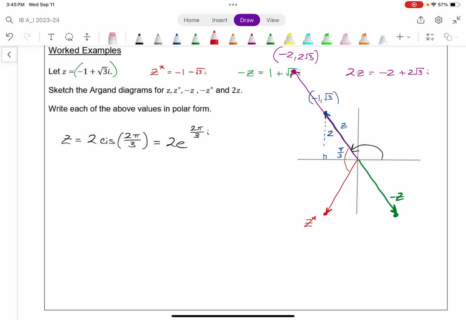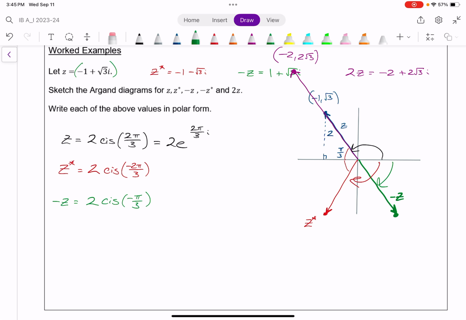The conjugate has the exact same absolute value, exact same modulus. Just the angle is different. This time we're looking this way. So it's -2 pi/3. The minus z will have, again, same absolute value. This time looking at this angle right there, so minus pi/3.